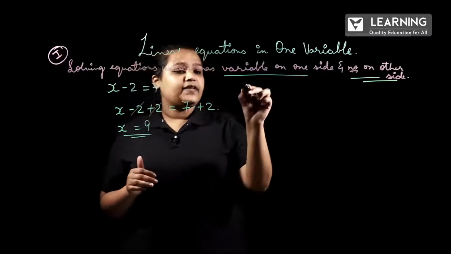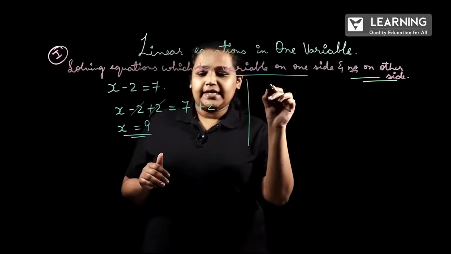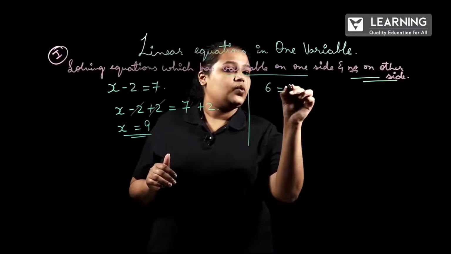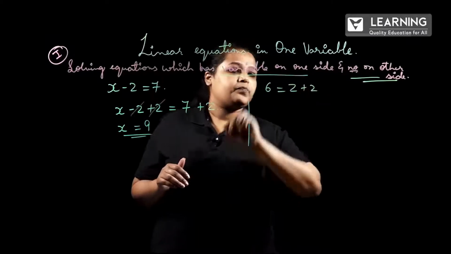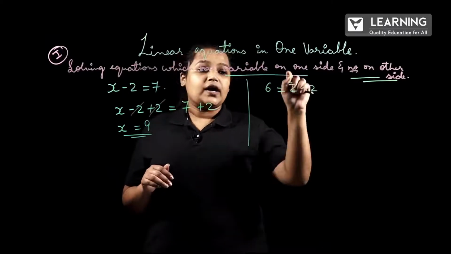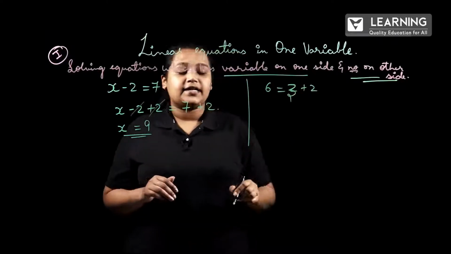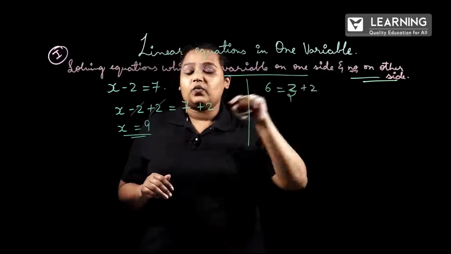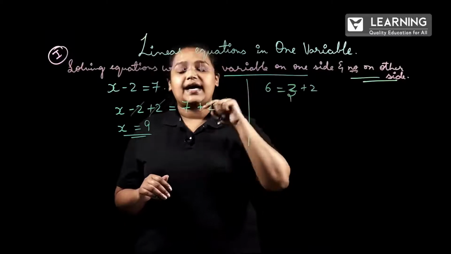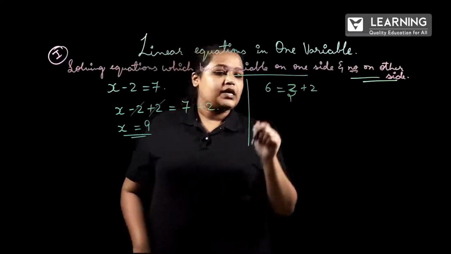Let me take another example, which is 6 is equal to z plus 2. Here also on one side a variable is there. Let me write z like this. On one side the variable is given and on the other side only the numerical, meaning the number.